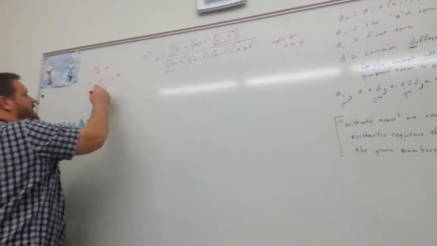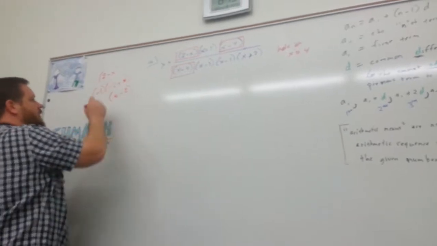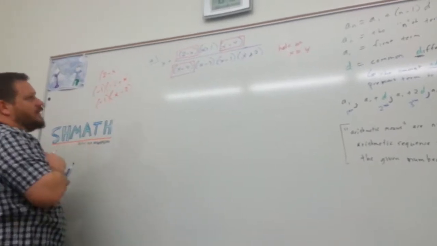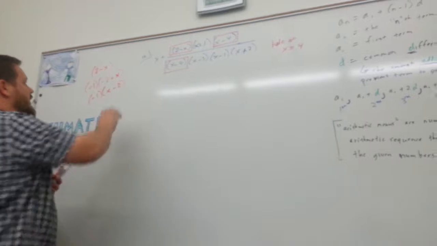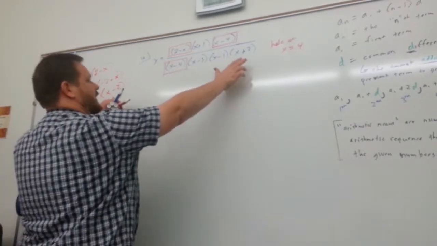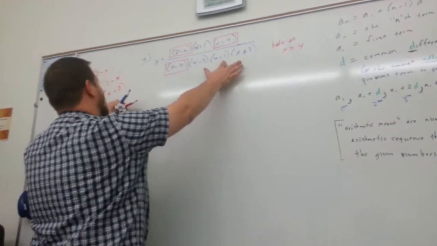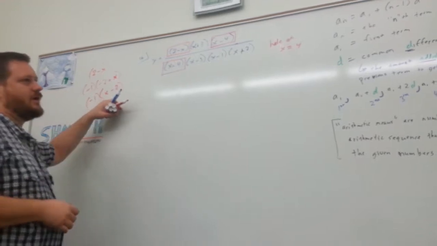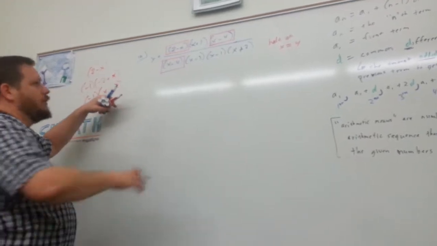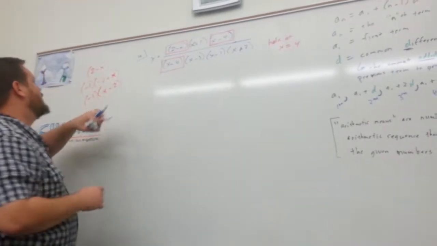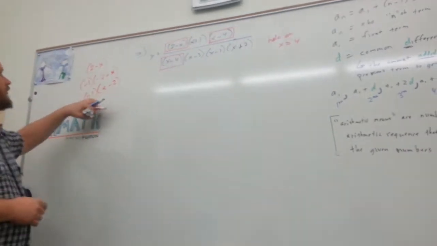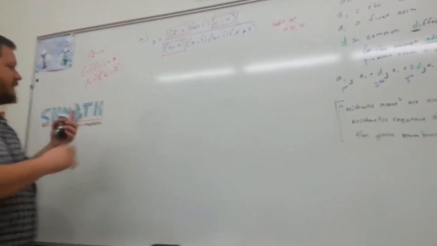Negative 2 plus x is the same as saying x minus 2 with the negative. And so we have that out front. We don't have a negative x minus 2 on the bottom to cancel, so we don't have to worry about something like that, but it is easier to work with if we do it this way.